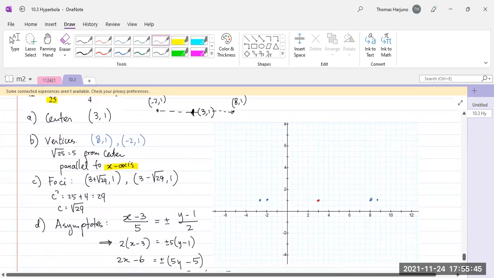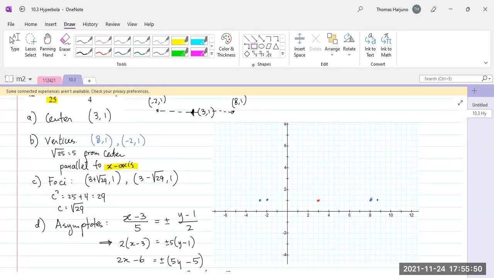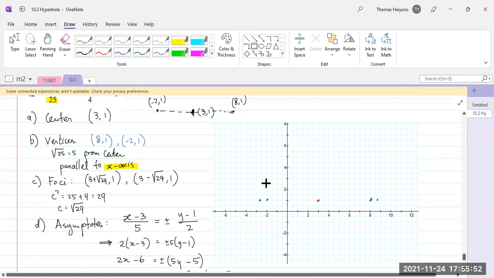So 2 units from 1 is 3. It's not precise.